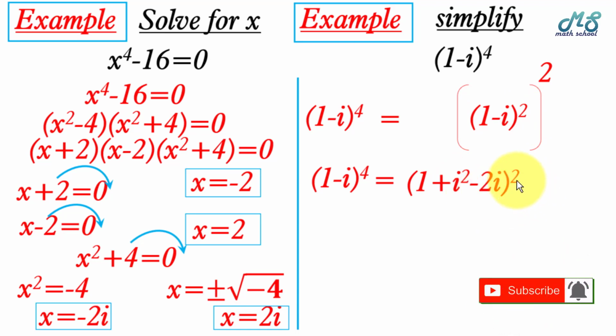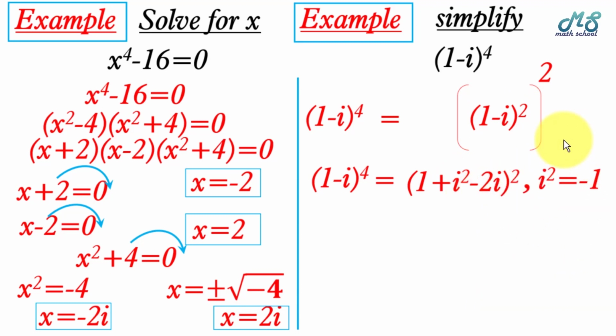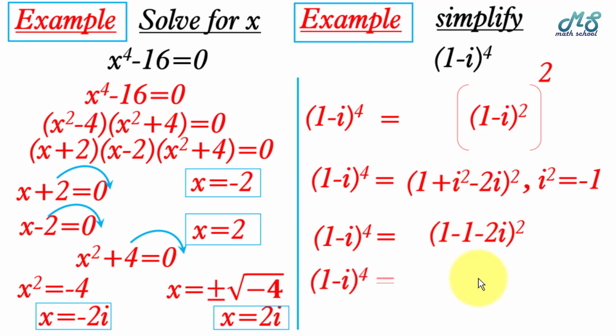Now all squared, guys, but i squared equals what guys? Equals negative 1. So substitute i squared equals negative 1: it will be (1 minus 1 minus 2i) all squared. 1 minus 1 equals 0, so it will be (negative 2i) all squared. Now we square negative 2, it will be 4i squared, but i squared equals negative 1. Now the expression equals negative 4.